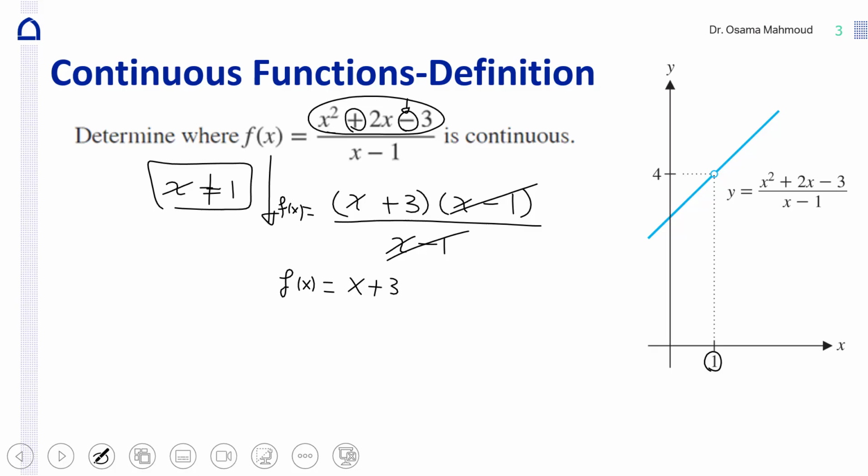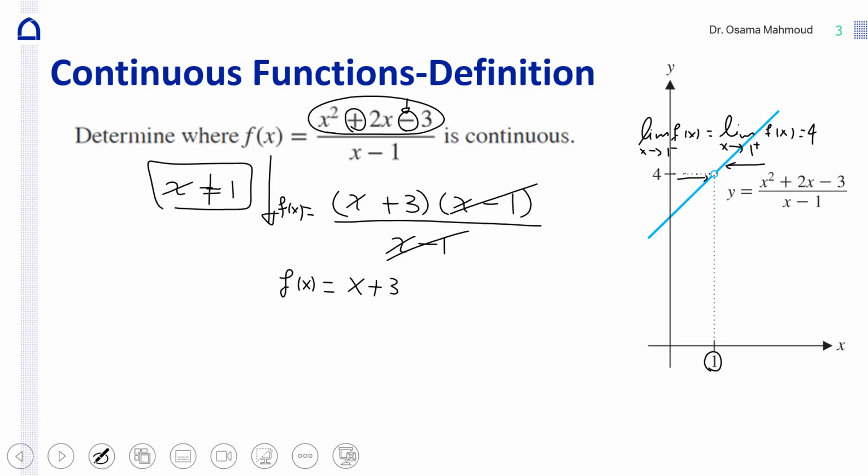So to get the left limit, we come from the left and see the height. The height is almost 4. The right limit, we come from the right. So the height is almost 4. So the limit of f(x) when x tends to 1 from the left equals the limit when x tends to 1 from the right, equal to 4.